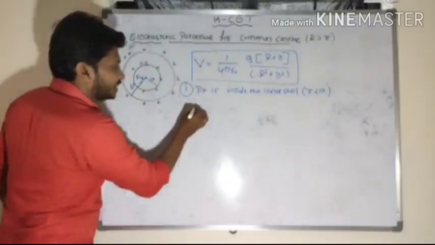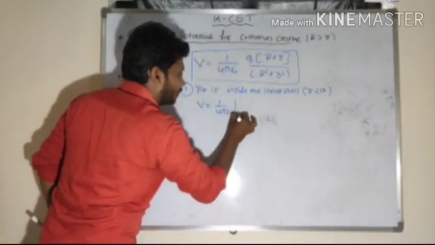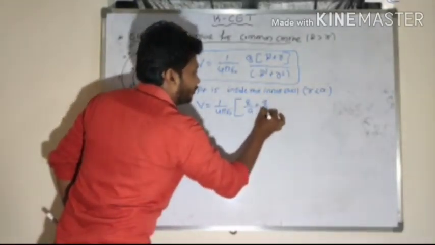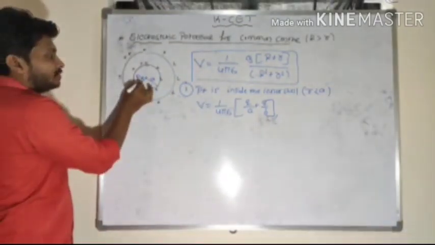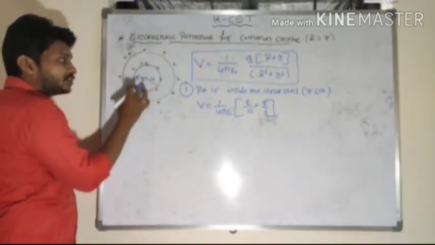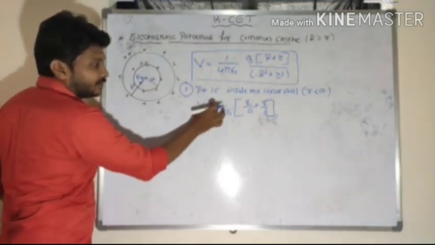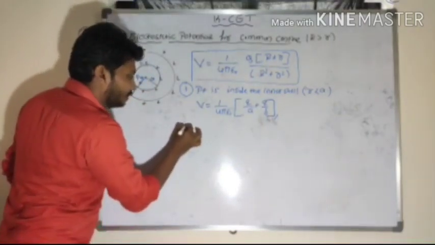If r is less than a, then the potential V is equal to 1 by 4 pi epsilon naught (Q by a plus Q by b).